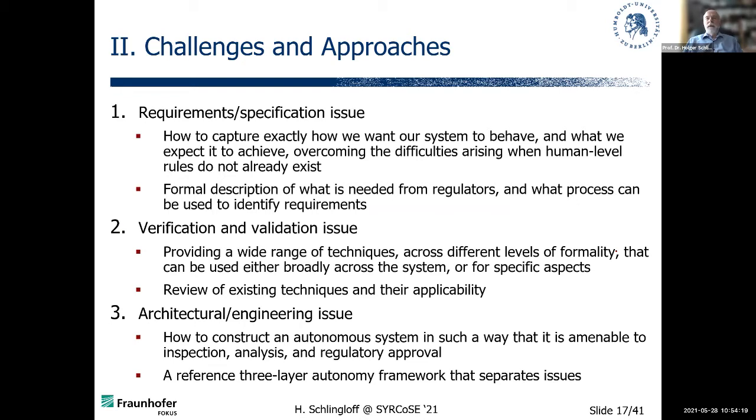So what we think are the main challenges is one, which I mentioned, the requirements and specification. So how do we capture exactly how we want the system to behave, what we expect it to achieve, and overcome the difficulties which arise when human level rules do not already exist.